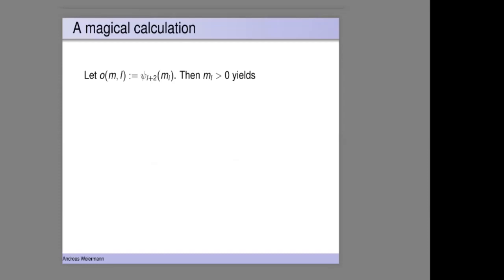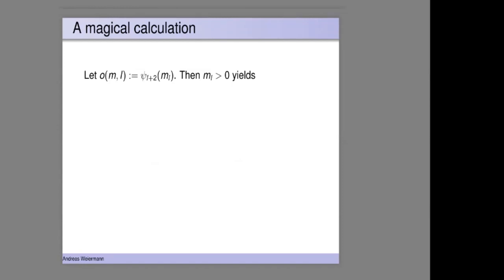Now we start a magical calculation. We prove termination of the Goodstein sequence. So we have number m and time l. And now we study the behavior of the Goodstein sequence at time l. So we define an ordinal interpretation O of ml. What does it do? It takes the number ml and replaces base l plus 2 by omega.